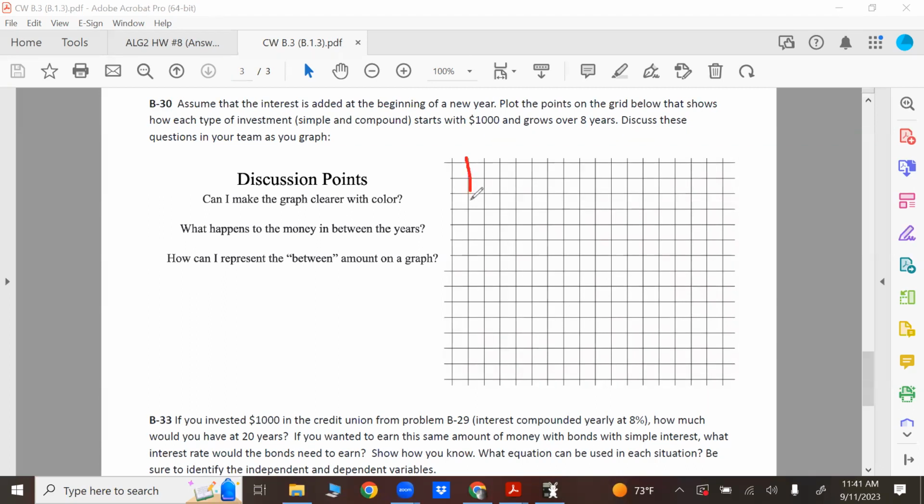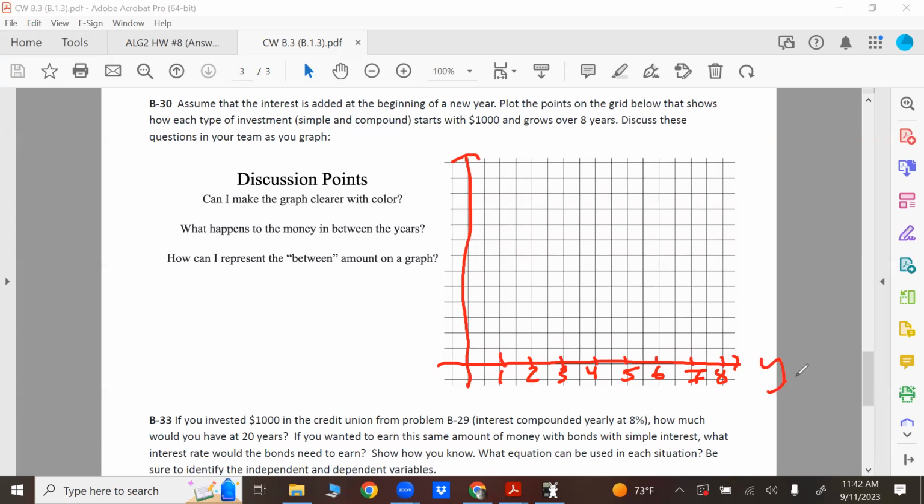Okay, so I'm going to set up the graph for you guys, and I'm going to have you do it in your teams. Let this be 1, 2, 3, 4, 5, 6, 7, 8, so every 2 spacings will be 1 unit.